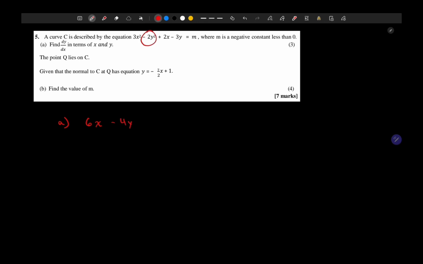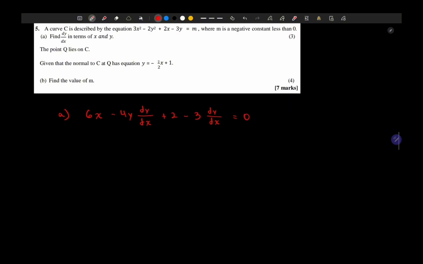Since this has a y in the variable, you need to multiply it with dy over dx also. Differentiating this, we get 2. And differentiating this will give us negative 3. Since there was a y involved, we need to multiply it with dy over dx. And differentiating this will give us 0.